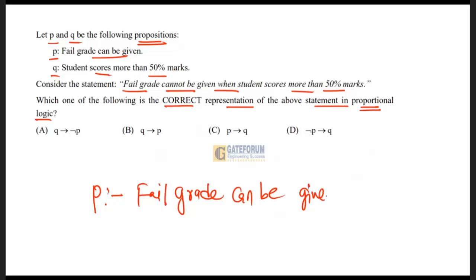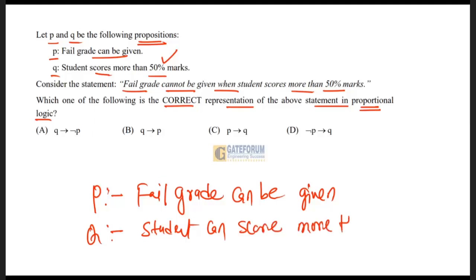You can give the fail grade to any student. One more is Q. What is it saying? Student can score more than 50% mark. Right? These are two statements.